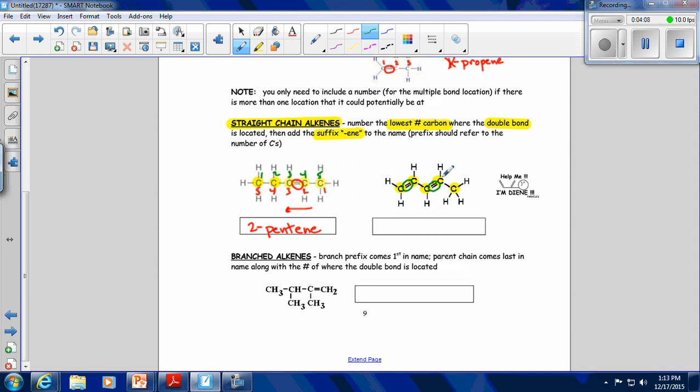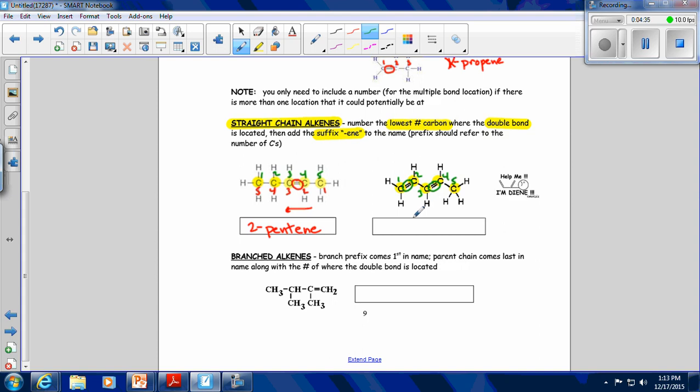All right, we're going to number in this direction. 1, 2, 3, 4, and 5. If we go in the other direction, we're going to have our first double bond located on the 2 and then also on the 4 as far as the carbon atoms go. So if we go in this direction, we've got the double bonds located at the 1 and the 3. All right, this is definitely going to provide for us the lowest sum number of double bond locations.